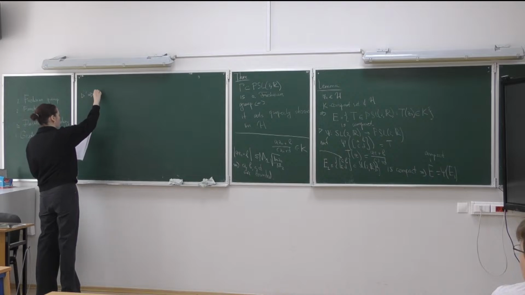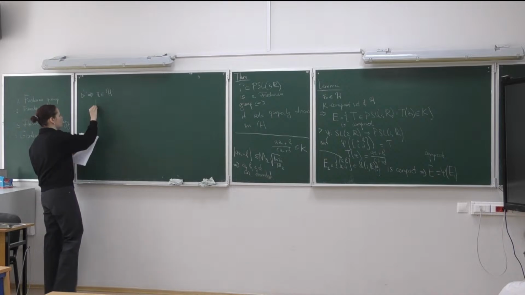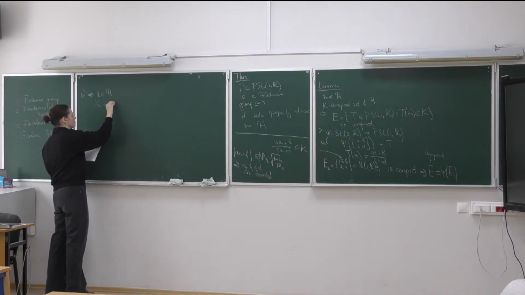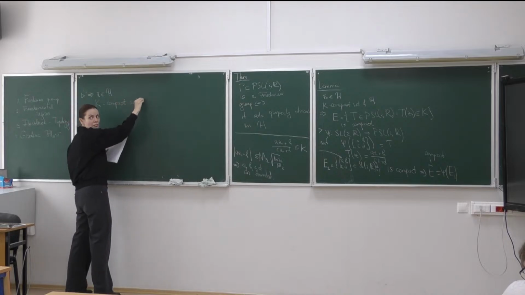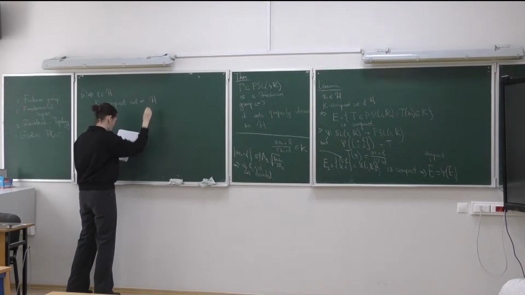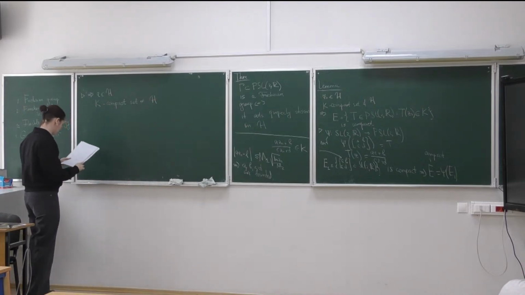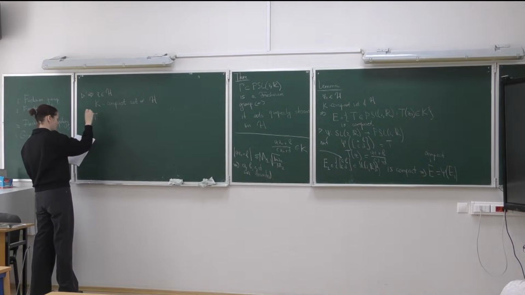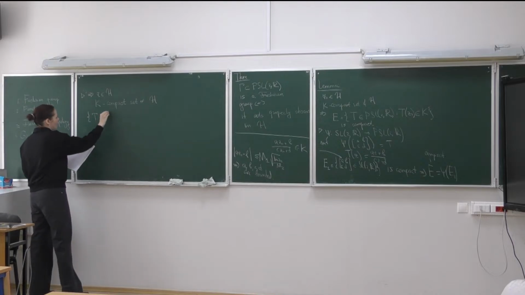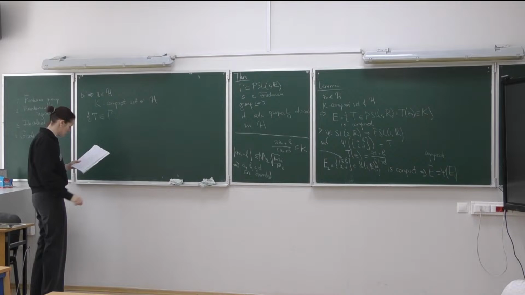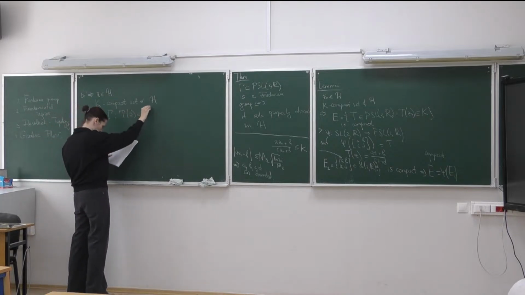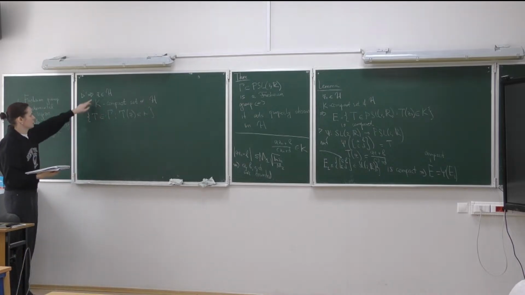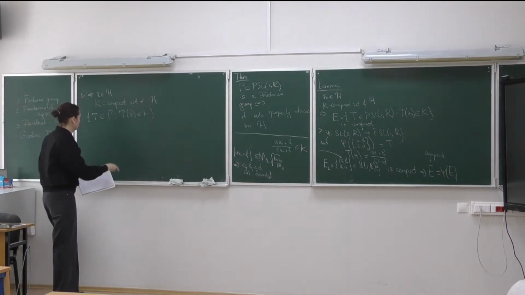So we take a point in the hyperbolic plane, and we consider a compact set. And we consider the set of elements of our Fuchsian group such that we enter this compact when we apply it to the point Z. What does it mean?